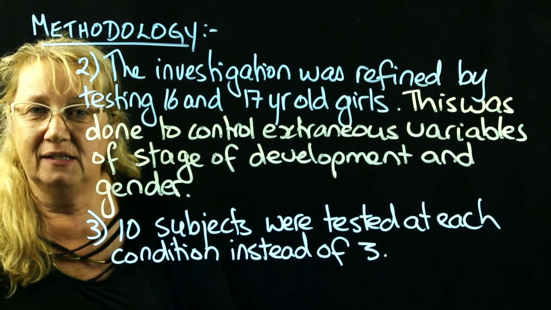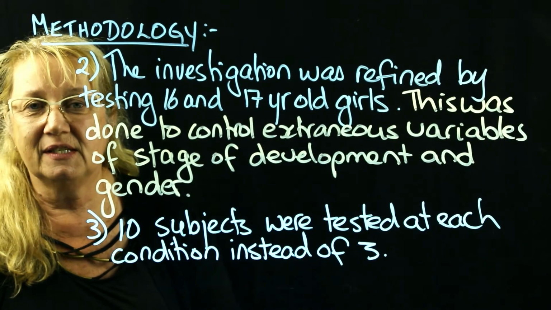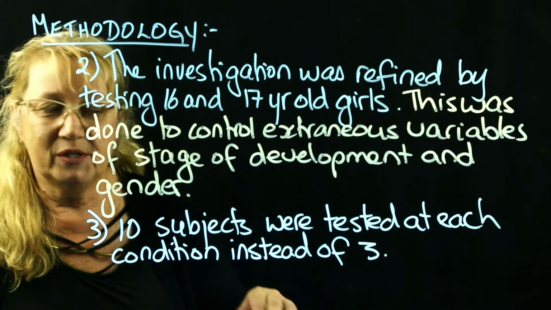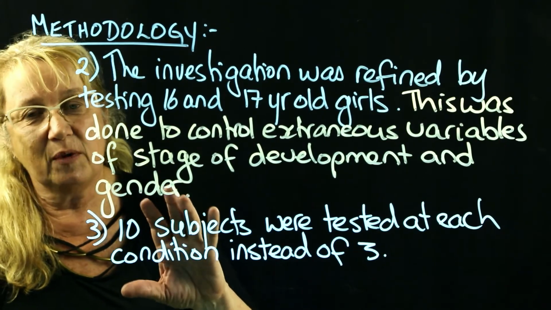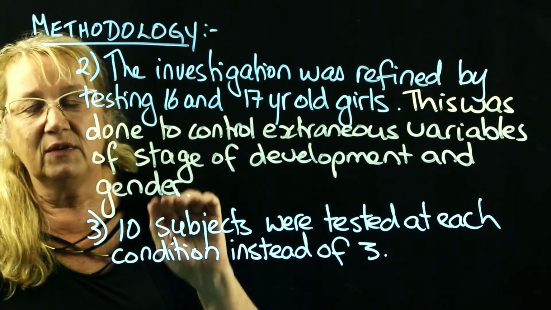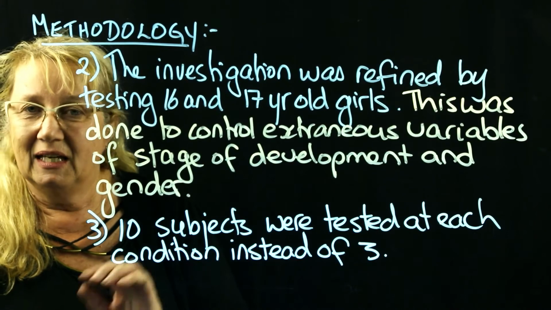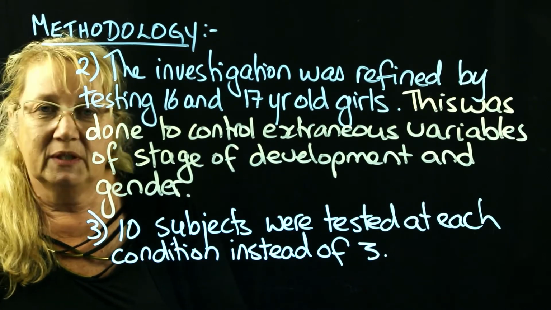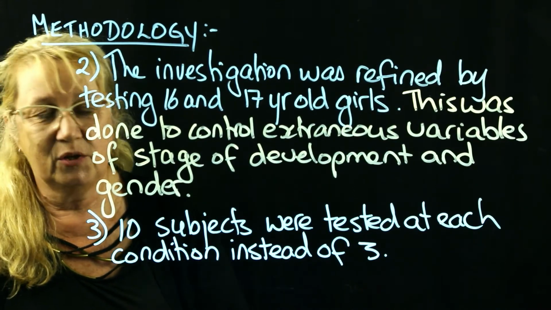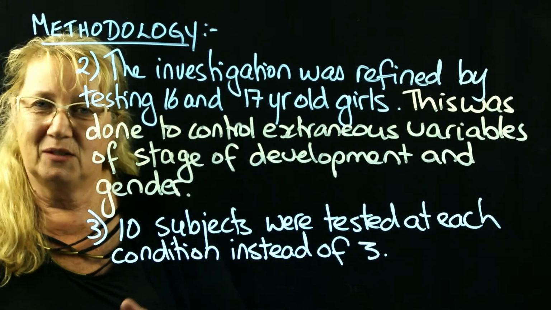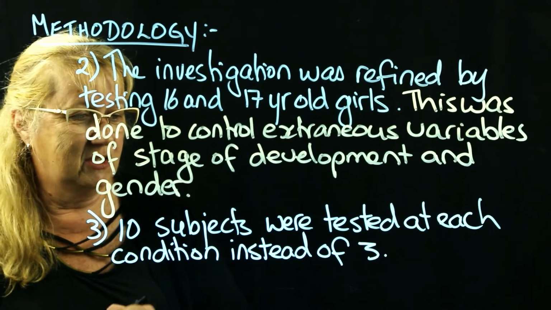People have different genes and they have different levels of fitness. We can't control those extraneous variables, but by having a larger number of repetitions, the effect of outliers will be a little less, and so we will get a more valid result in terms of statistics. We need to put that in as our justification.